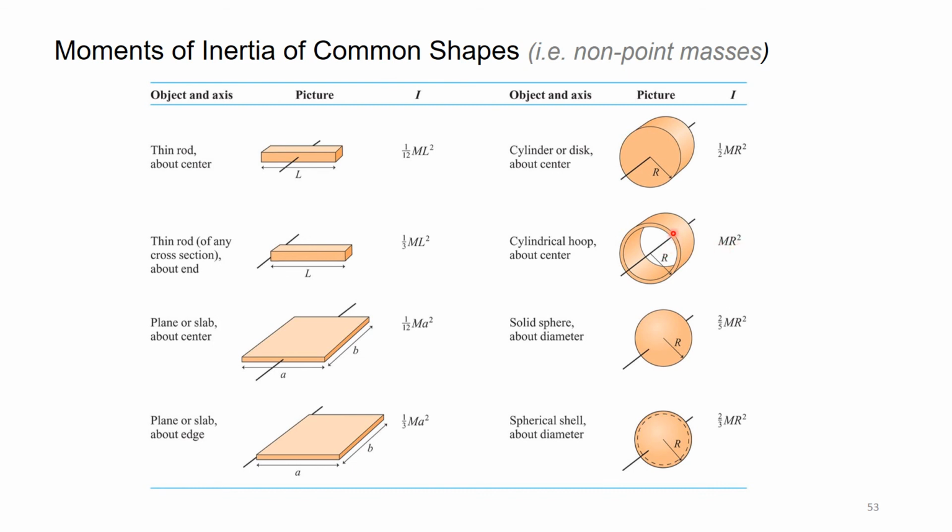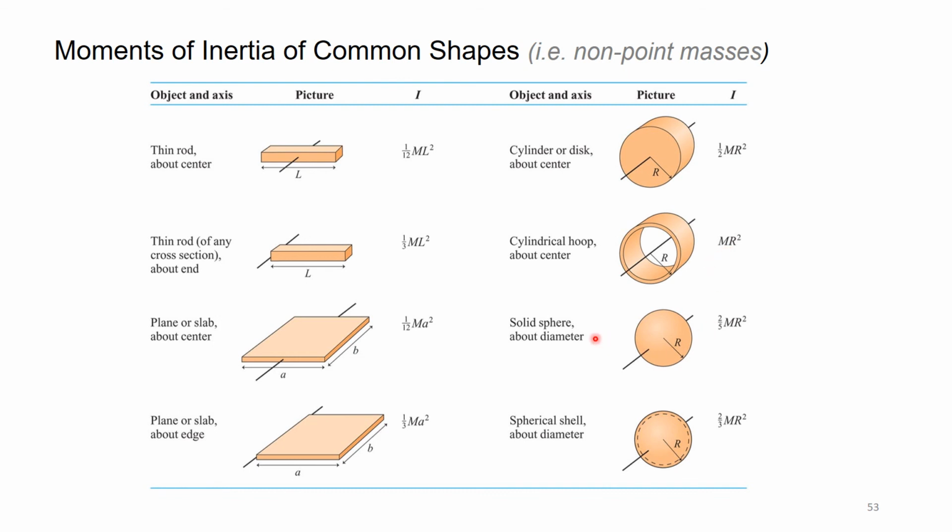The reason is that the mass is concentrated further from the axis. The mass is concentrated all at the edge instead of being distributed throughout the cylinder. So the distance of the mass from the axis is bigger on average, and the moment of inertia increases. In both these cases, let's assume that the cylinder has the same mass m.